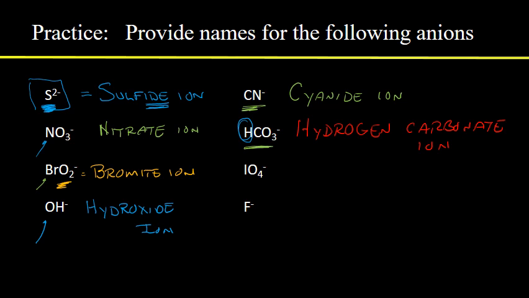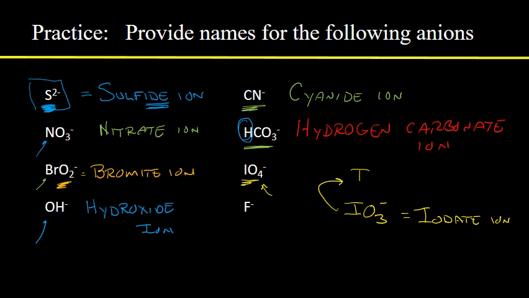Okay, next one, IO4 minus. That's not one that we memorized, but we did memorize IO3, which is the iodate ion. And so this one has 1 extra oxygen.